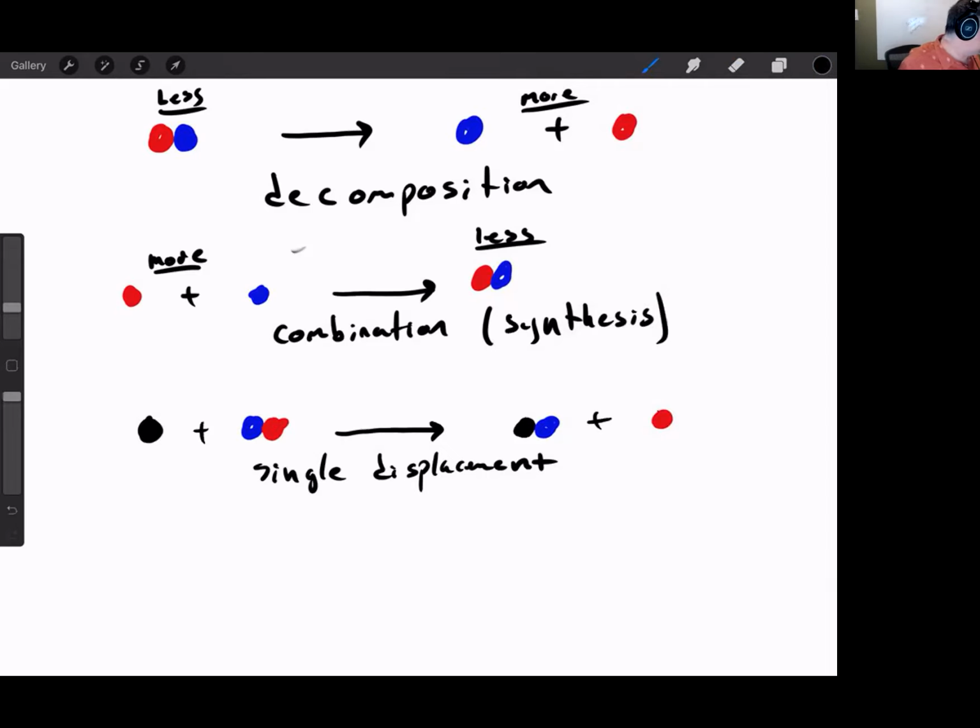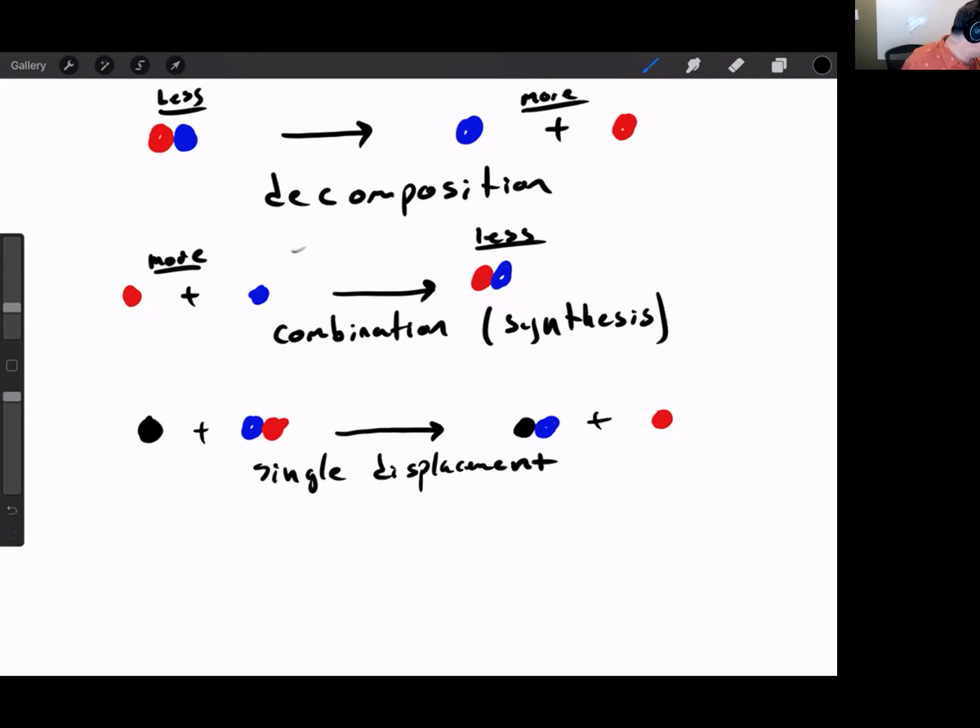I don't think the word disintegration is used. I think it's single replacement or single displacement. And I often forget what the word is because I'm so separated from it from way back.